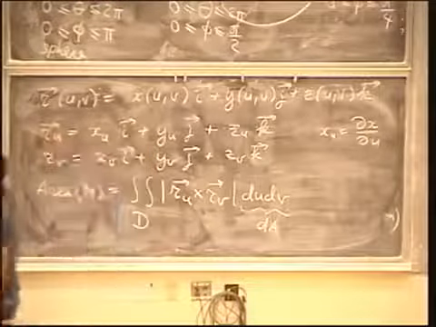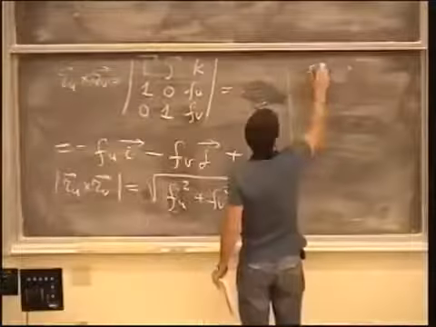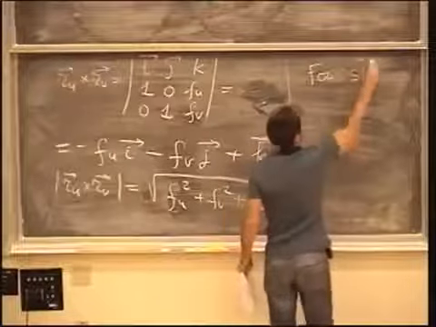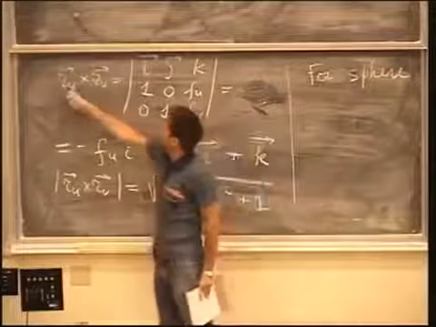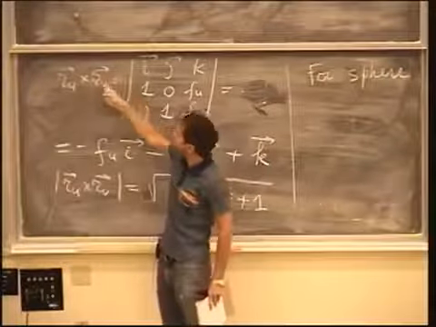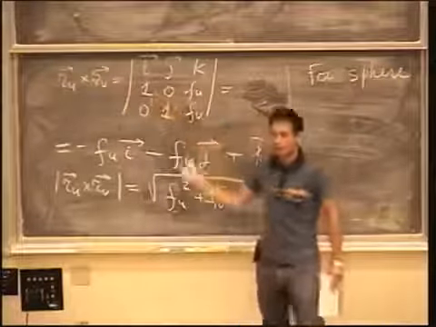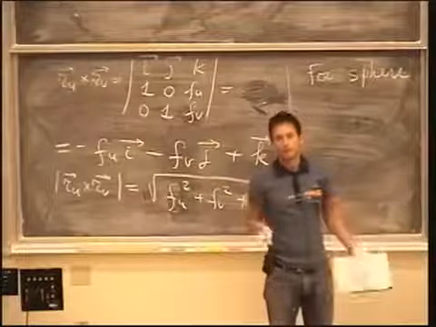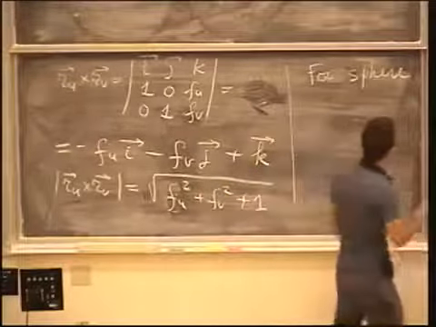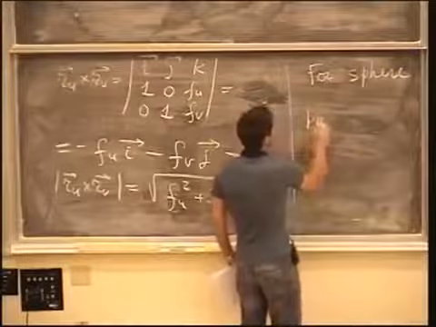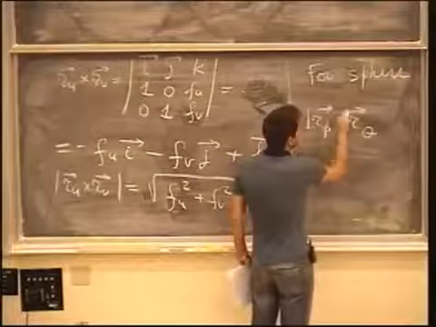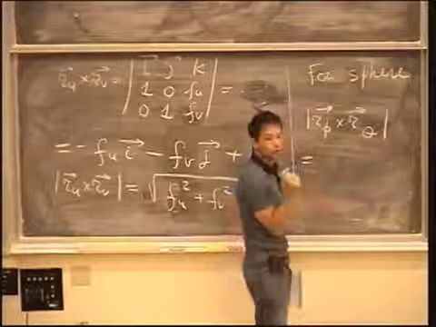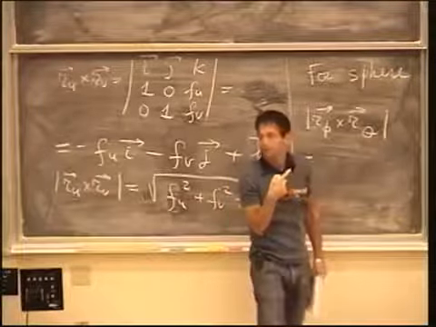Likewise, you can calculate the answer for the sphere. For the sphere, you just have to do the same kind of calculation. You have to find out what r sub phi is and what r sub theta is, put this together, and calculate the cross product. This has already been done, so I'll just give you the answer. In fact, you can guess the answer because we already know the Jacobian for spherical coordinates.